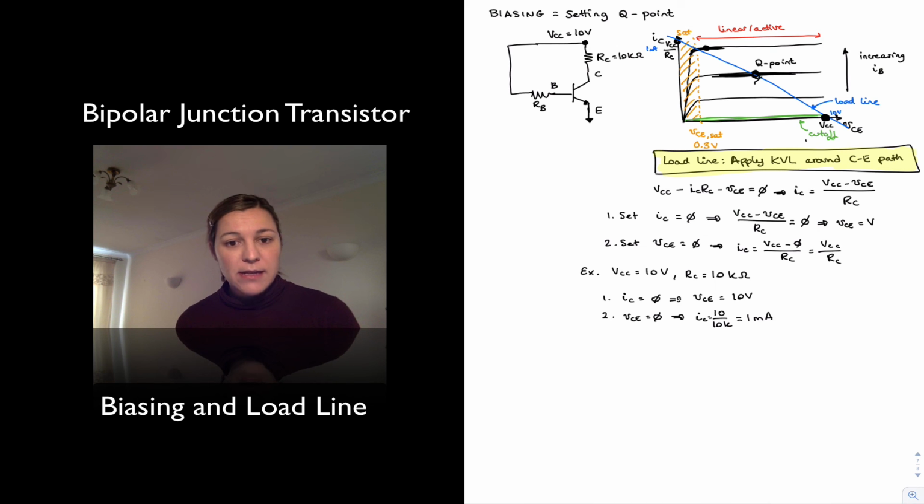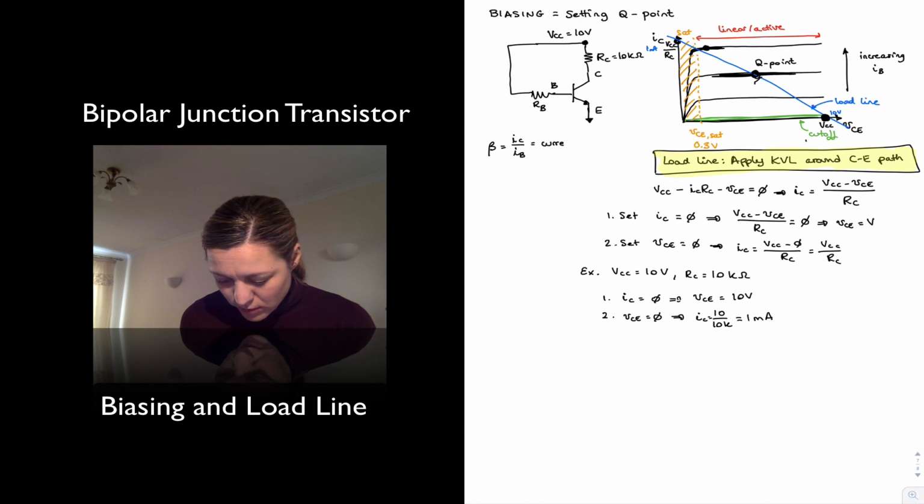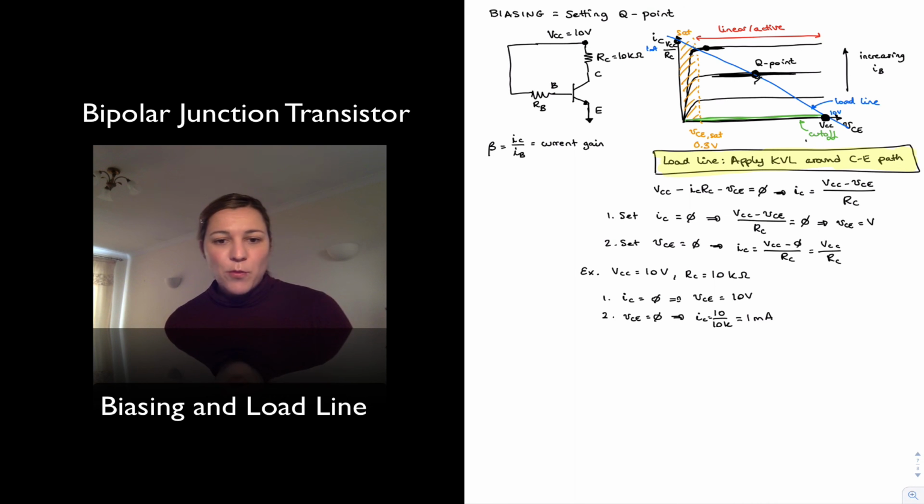We studied the beta as the forward current gain, or the ratio of IC to IB. And we said this was the forward current gain of the transistor.